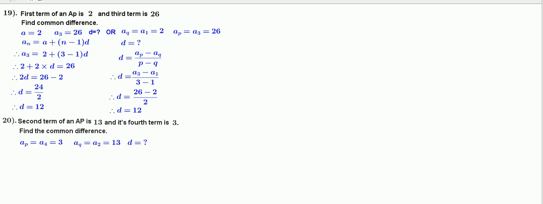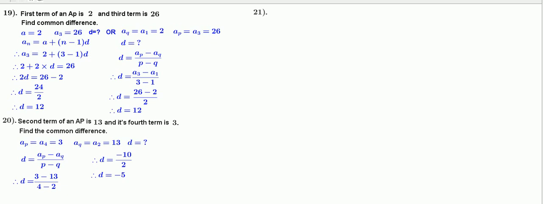Let us write formula, that is D is equal to AP minus AQ by P minus Q. Therefore, D is equal to 3 minus 13 by 4 minus 2. Therefore, D is equal to minus 10 by 2 because minus 13 plus 3 is equal to minus 10. Therefore, D is equal to minus 5.